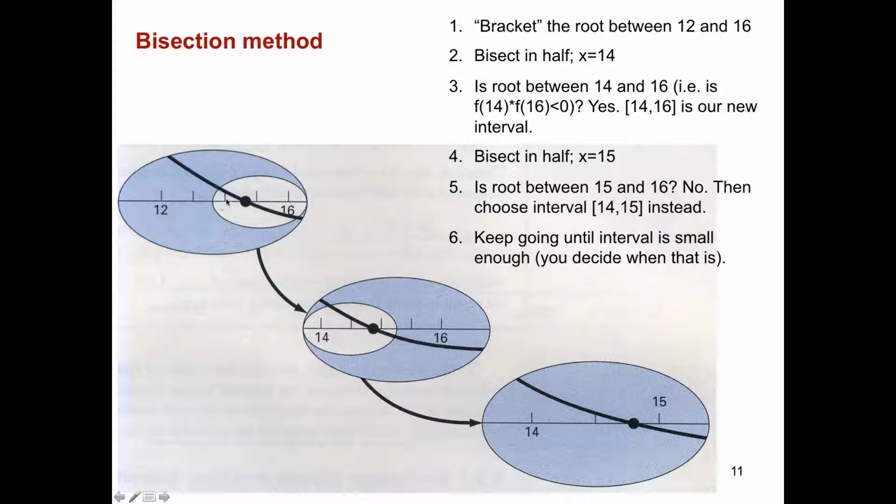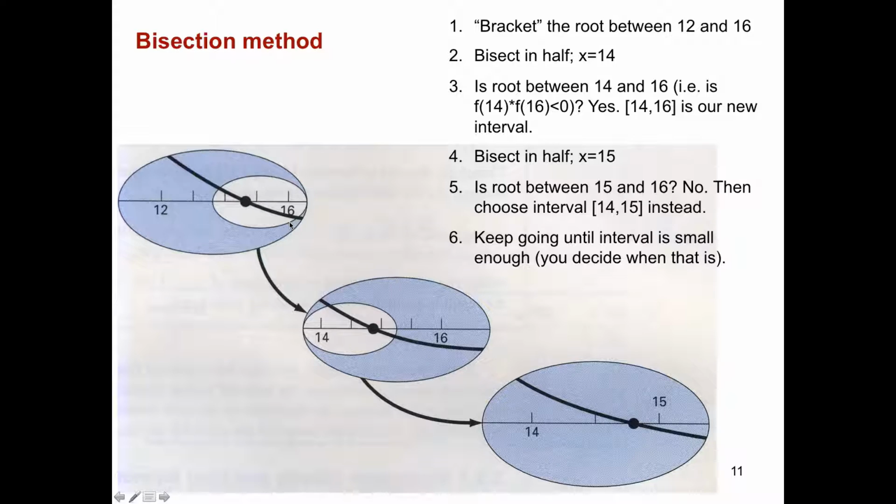So essentially, I'm just going to say, okay, I have a 14 here, and I can test whether the value at 14 is positive or negative. So in this case, it is what? Positive.